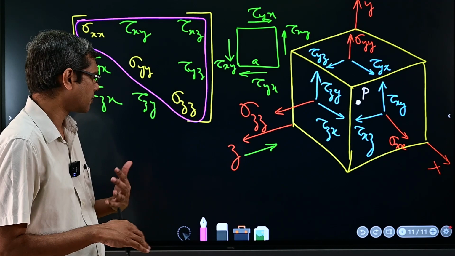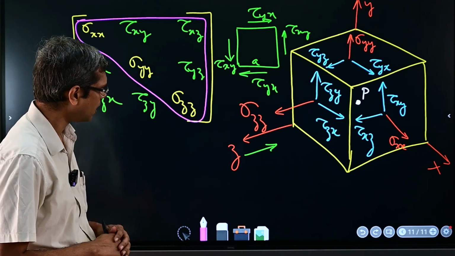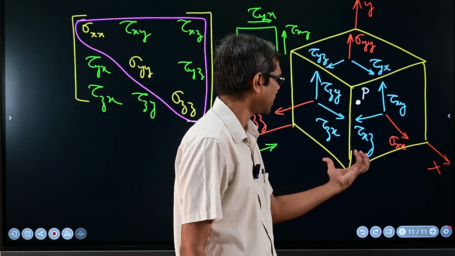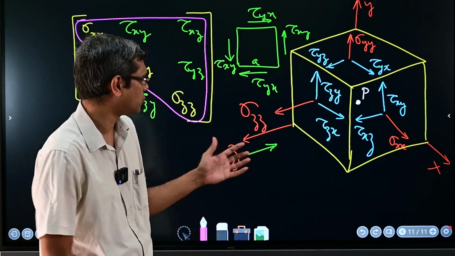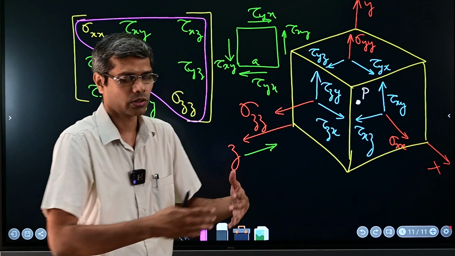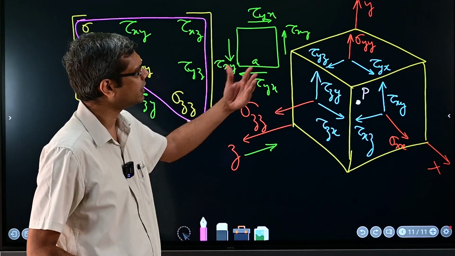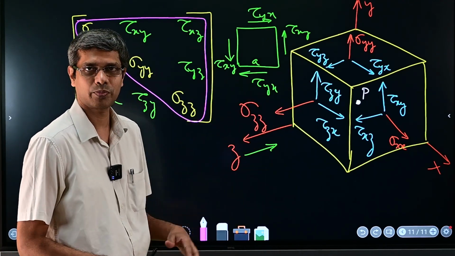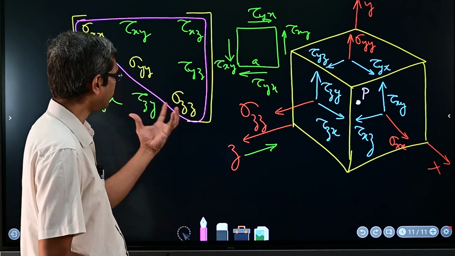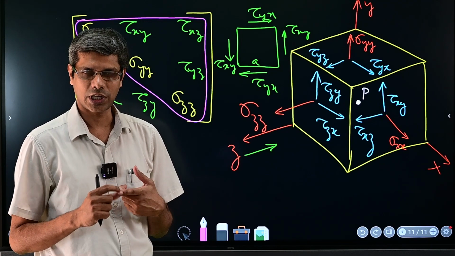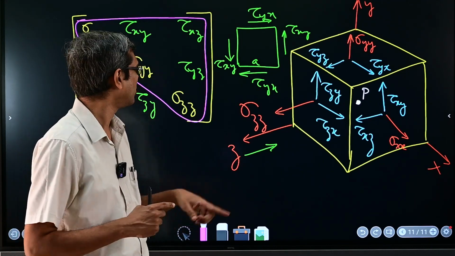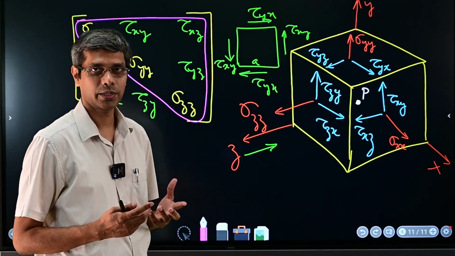But then the question comes, if we change the orientation of these xyz axes? We have chosen a particular set of axes, and inside that we are talking about all these planes and values. If we change that, obviously the stress is not going to change because it's a physical parameter, but these numbers definitely would change, right?